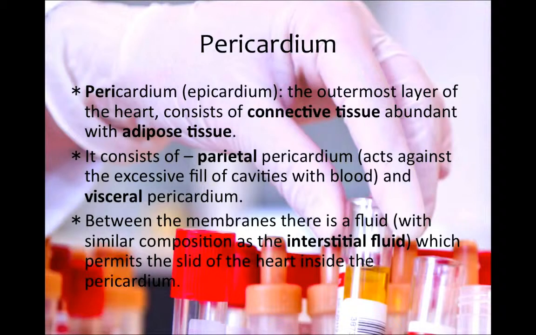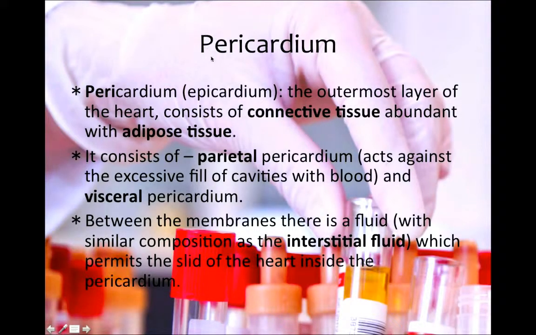Now, moving on to the architecture of the heart, the second part of the lecture. The heart consists of three different layers. From the exterior part of the heart all the way to the interior part, you have three different layers that go one on top of the other. So you start with the pericardium on the exterior aspect of the heart.